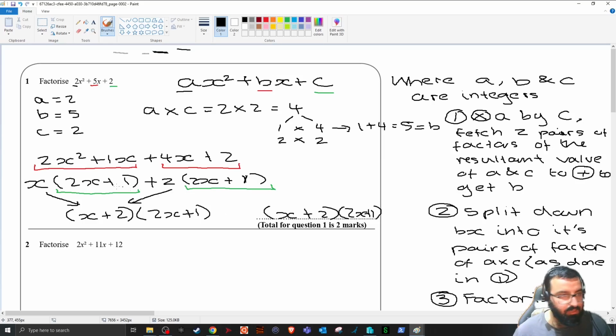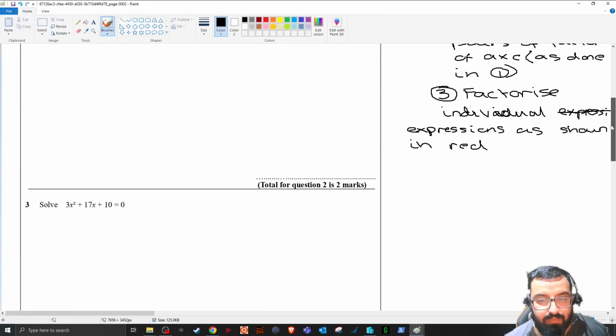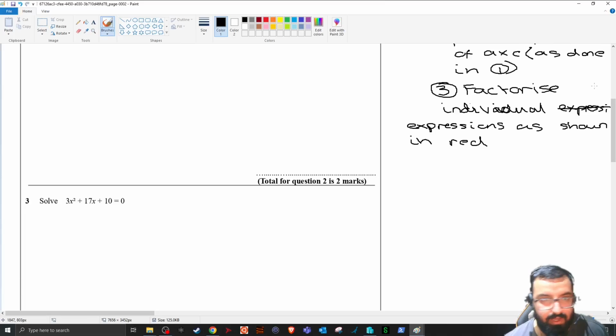It's moot to write down 2x plus 1 twice, okay? But x and 2 are still factors of 2x plus 1, so this is why you put them into their own individual brackets. I'm hoping that made sense, but if it did not, please hit me down in the comments, or try to email me as well, and then I could get back to you in explaining that a little further.